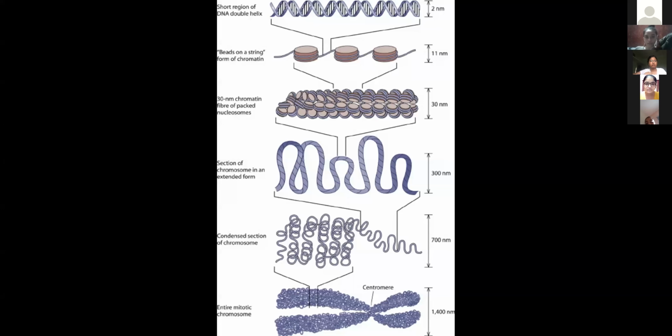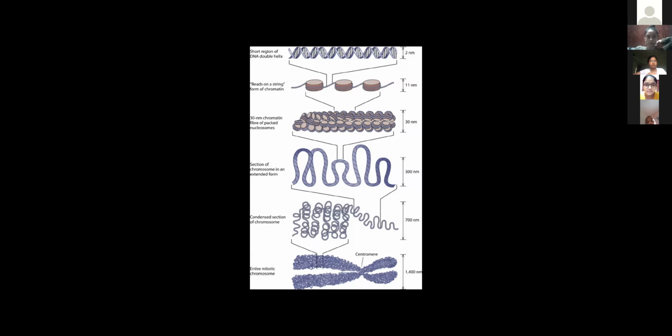Next thing. See, this is your DNA, and this is your chromosome. This is chromatin, a thread-like structure. Regarding human DNA, you know the cell is a very minute, microscopic structure, and inside the cell there is a small nucleus.